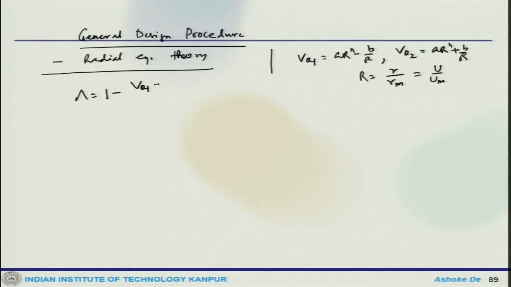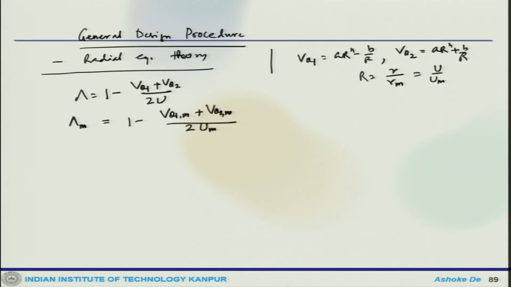So, the relations are like V theta 1 is A r to the power n minus B by r, or V theta 2 equals A r to the power n plus B by r. So, r is r by r m, which is U by U m. Now, the value of A is determined from the degree of reaction, where psi is 1 minus V theta 1 plus V theta 2 by 2U. At the mean radius, psi m would be 1 minus V theta 1m plus V theta 2m by 2U m.